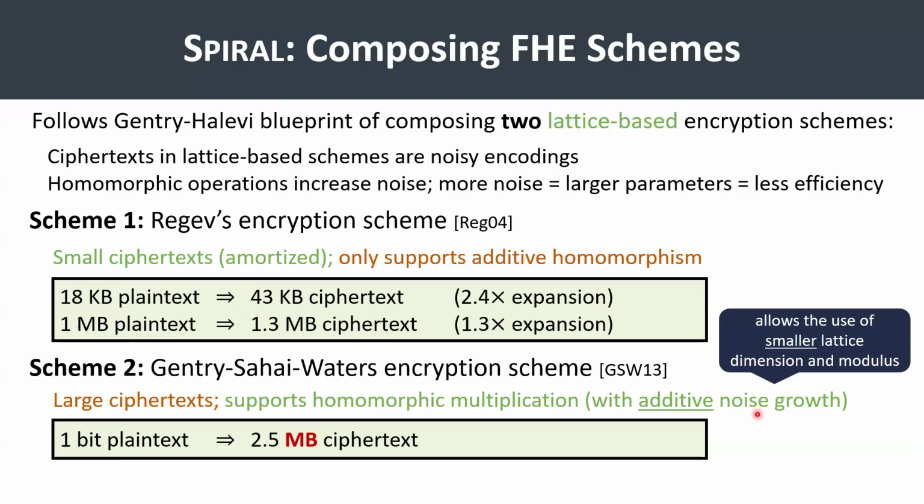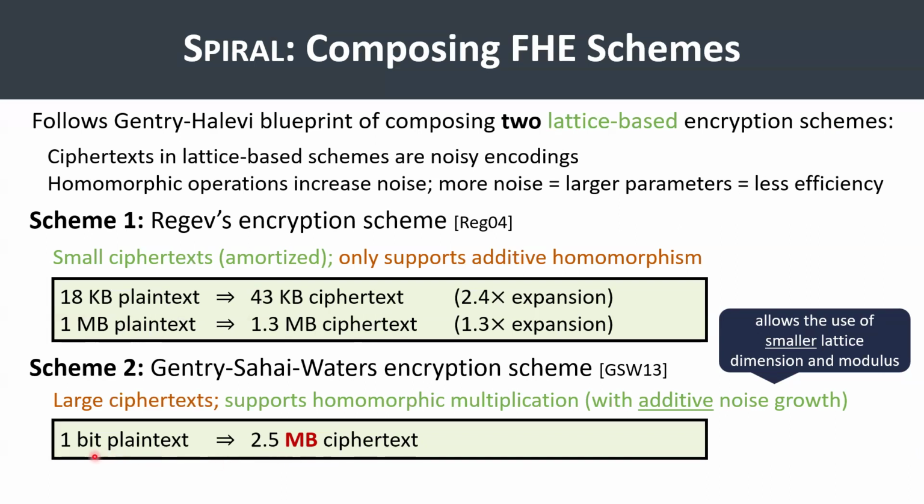The way that it achieves this, though, is that it has gigantic ciphertexts. You have to have very big ciphertexts in order to support homomorphic multiplication and have very good noise growth. Just to give you a sense for how bad it is, if I want to encrypt 1 bit of data, I need a ciphertext that's 2 million times larger.